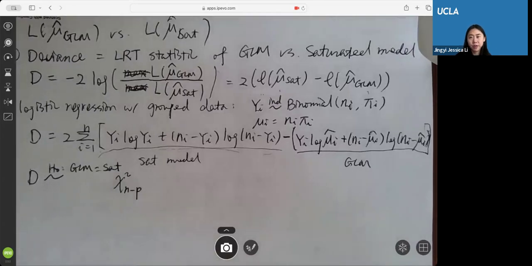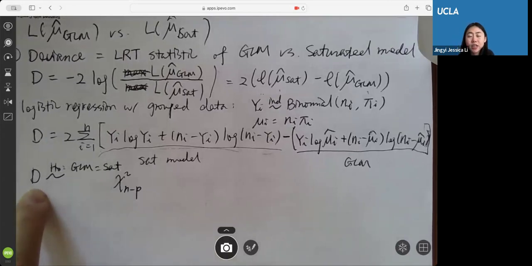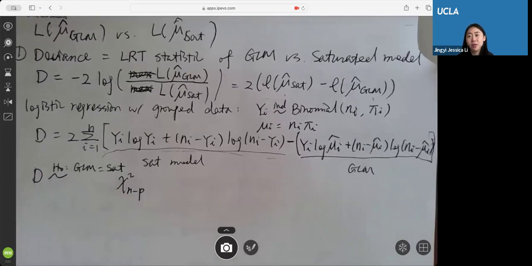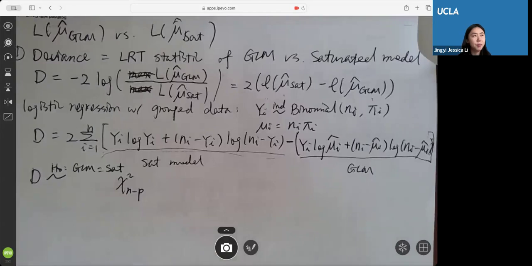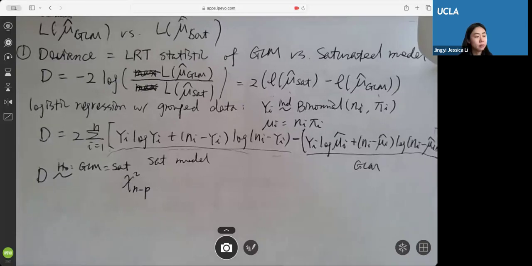So the larger the degrees of freedom, the more spread out the distribution is. It means you can expect a larger D value even when the two models fit the data equally well. So the null distribution gives us a baseline to calibrate the value we observe for this D, and whether it's too big compared to that. That's basically what we are doing here.